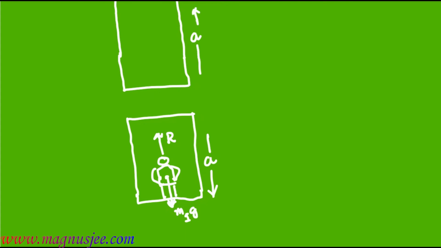And for the first case, the lift is moving upwards with the acceleration a and the man is standing in the lift. Apparent weight of the man is m2g. Normal reaction is capital R.